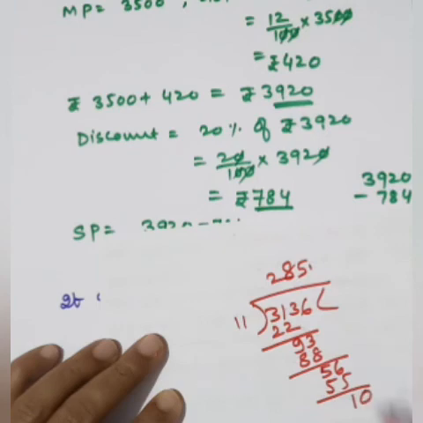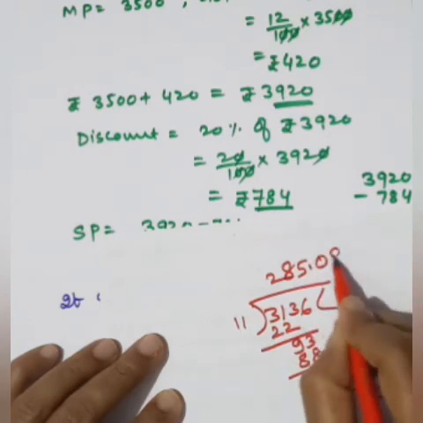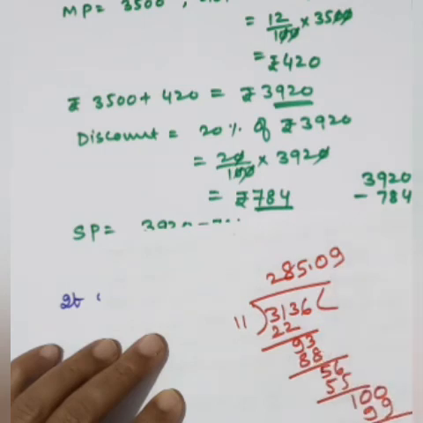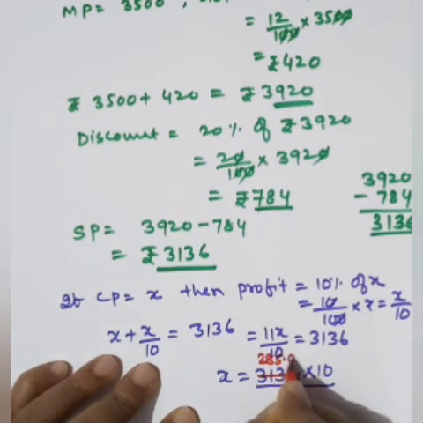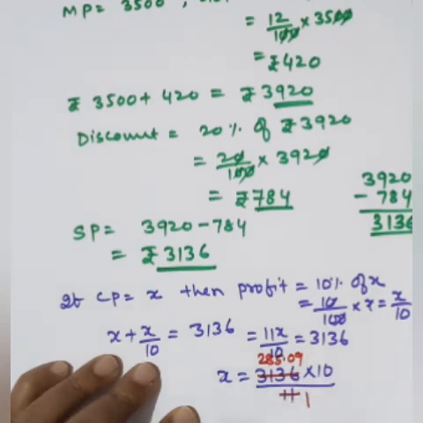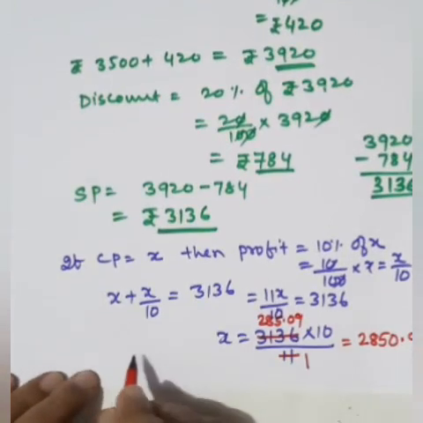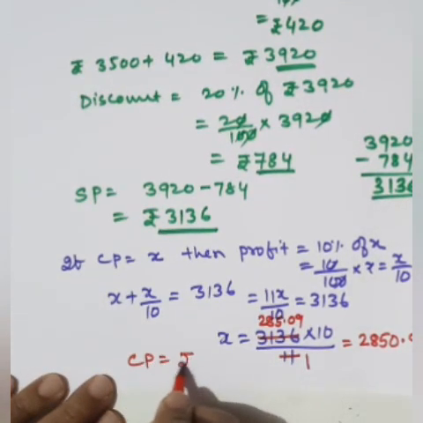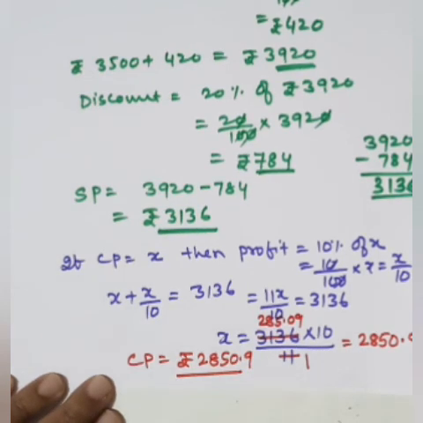Put point here. 0, but 11 is greater than this, so put 0 and 1 0 here. 11 9s are 99. Now I am leaving. It is 285.09. 285.09 multiplied by 10. So it will become 2850.9. So what is your CP? Your CP will be equal to rupees 2850.9. So this is your final answer.